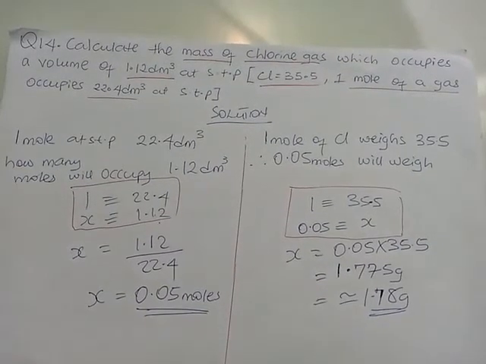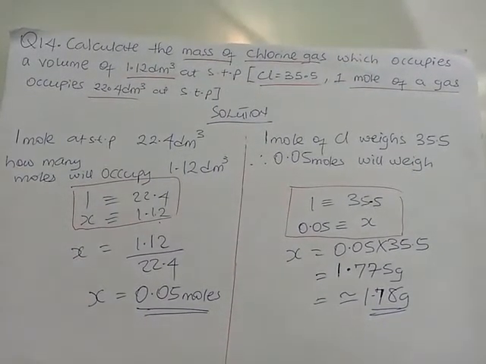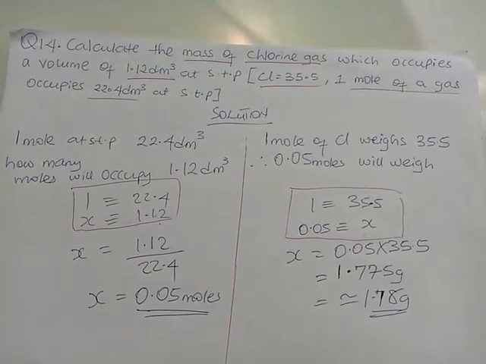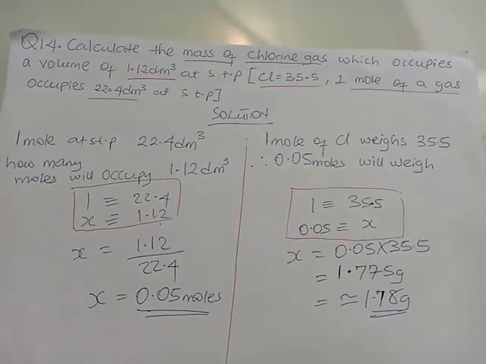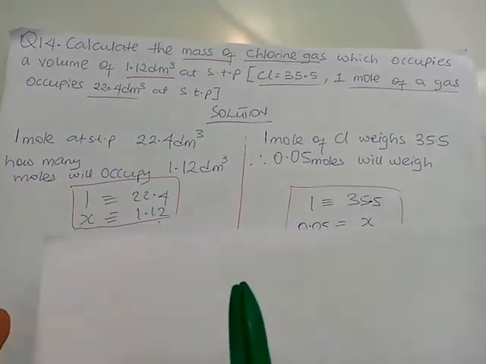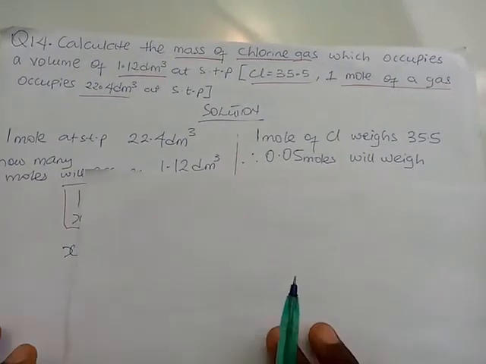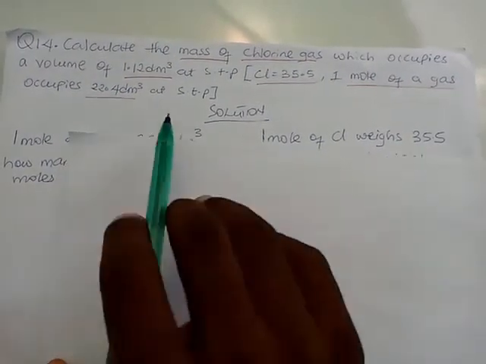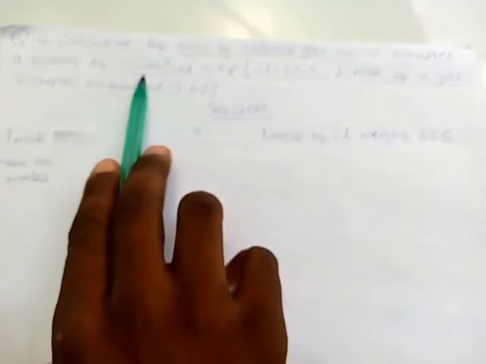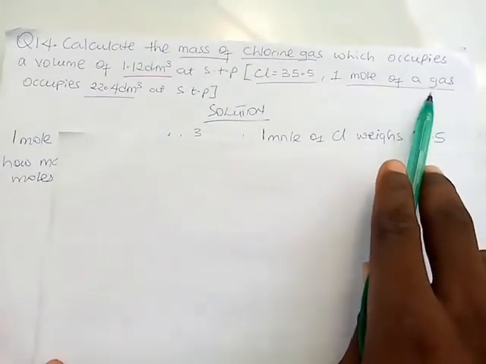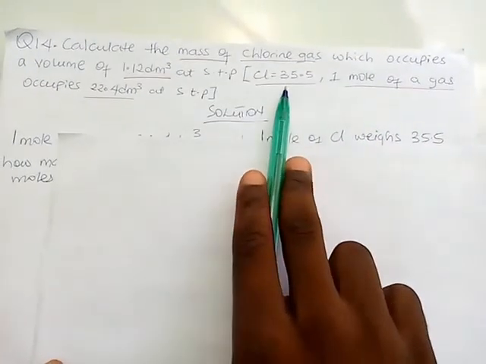Now let's use method 2 in solving this. If I want to use method 2, I'll take note of what has been given and what I'm asked to find. Asked to find mass, I've been given volume, I've been given the molar volume, I've also been given the molar mass.